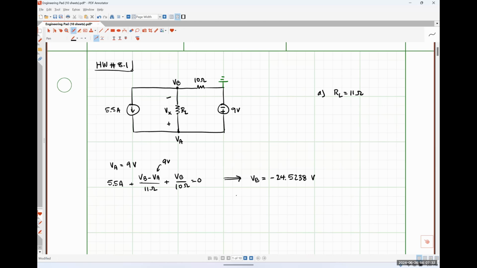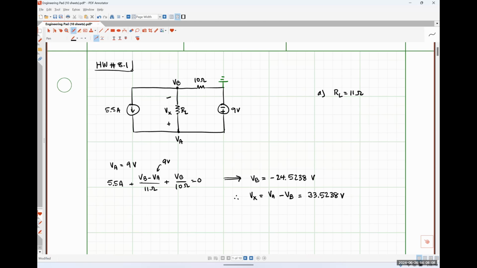volts. And from this, my voltage Vx is simply VA minus VB. So that's going to be 9 minus that quantity, which came out to be 33.5238 volts, which looks like the number that you have there.